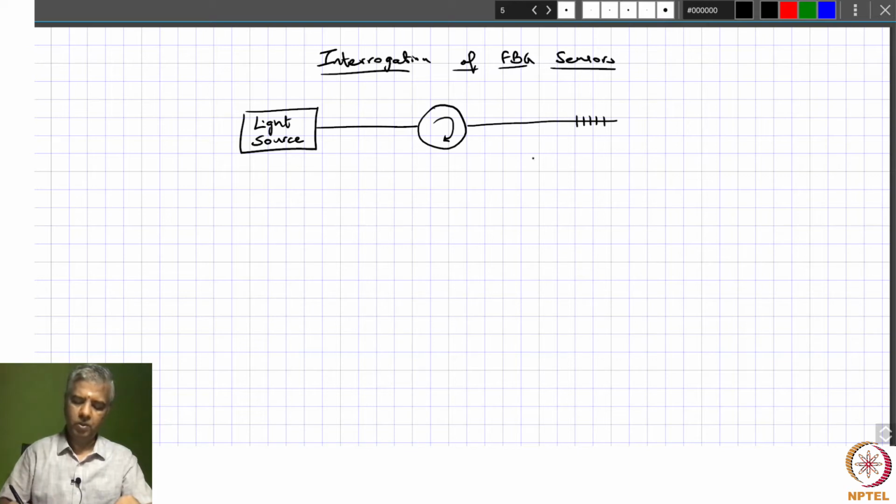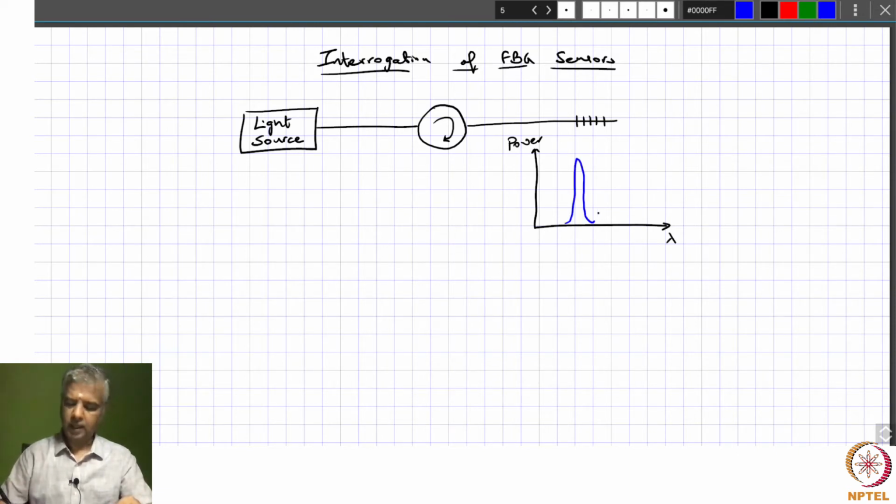And we know that the fiber Bragg grating sensor exhibits a spectrum that looks like this. When you look at power as a function of wavelength, it exhibits a spectrum like this. And then if there is some perturbation that it's subjected to, then there will be a corresponding change in the spectrum.